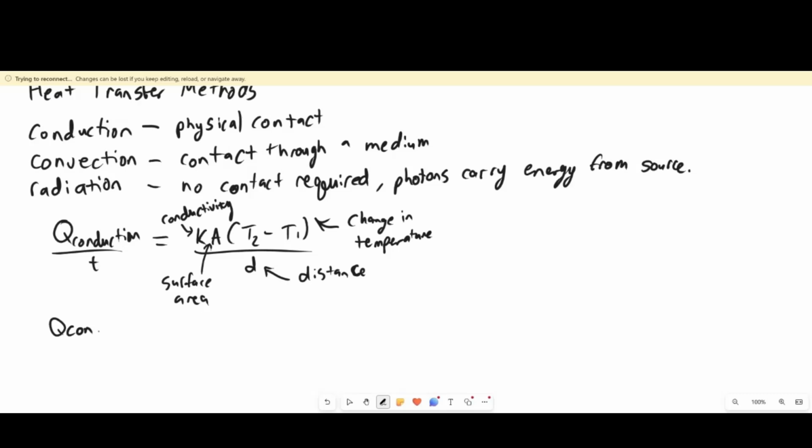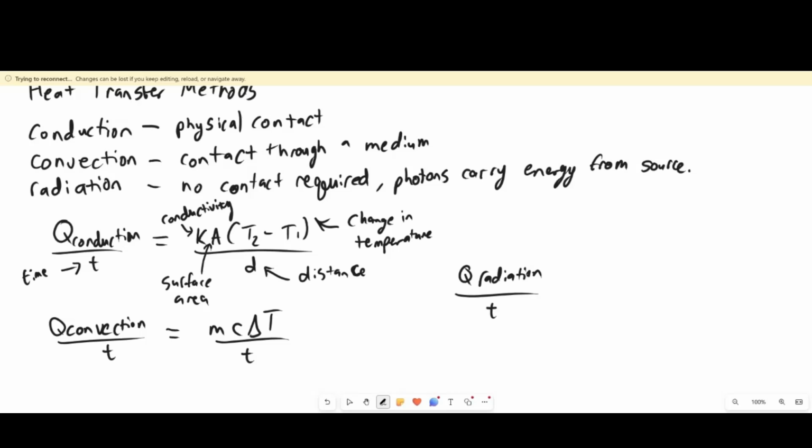Then we'll have one of these for convection. And again, the lowercase t is just per unit time. And the convection equation will look just like the heat transfer equation we've already seen. And then for radiation, the heat transfer per unit time will look like this.